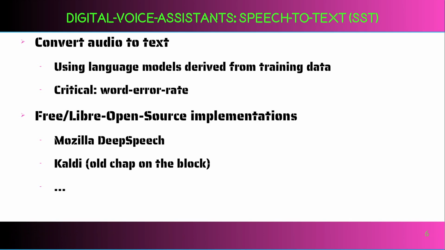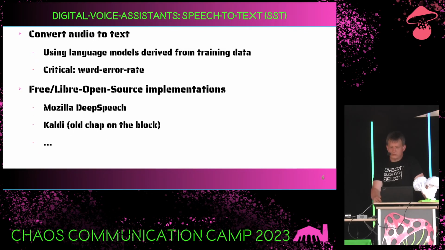The critical parameter here, just like the false positive rate with the wake word detector, is the word error rate. We'll get back to that later on. And again, 2 open source implementations: Mozilla DeepSpeech, somewhat recent, and Kaldi, which is fairly old by today's standards, but still a good system.